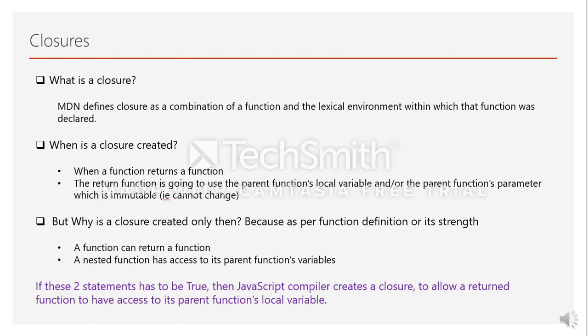Because as per the function definition, a function can return a function and a nested function has access to its parent function's variables. So if these two statements have to be true, then the JavaScript compiler creates a closure to allow a returned function to have access to its parent function's local variable. So this is why a closure is created.